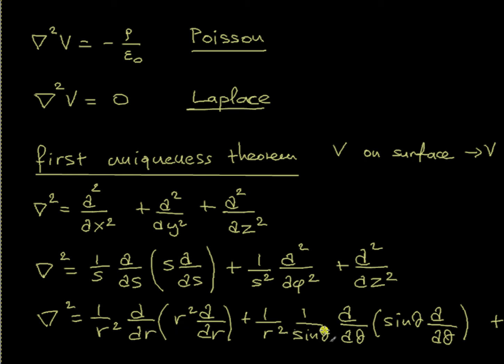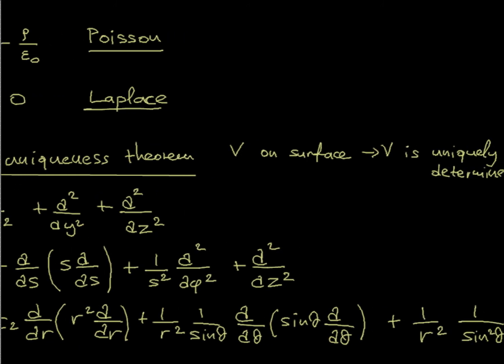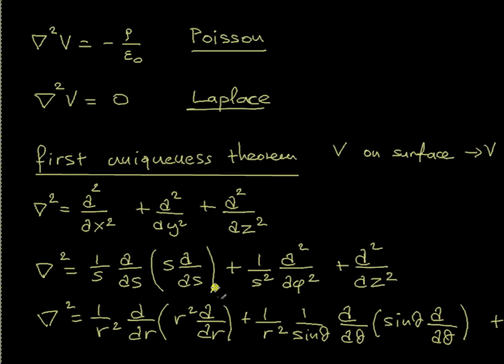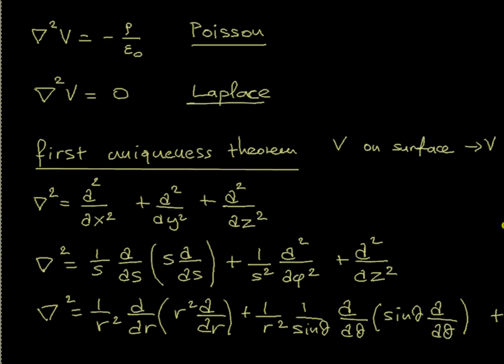You have one here and one here, and thankfully we don't have that again over here. All right, so these equations are found. You have a PDF from me that includes the Laplacian in these three coordinate systems, and also you can find them in the book. So these are the Laplacians.